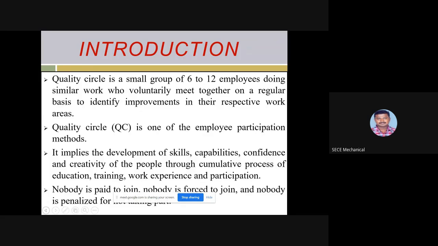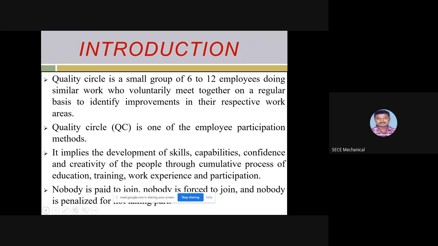It is a small voluntary group of employees and their supervisor, comprising a team of about 6 to 10 members, or 6 to 12 members, from within the same work area doing similar work, who meet regularly to solve problems related to their jobs, scope or workplace. So this is what is meant by quality circle.